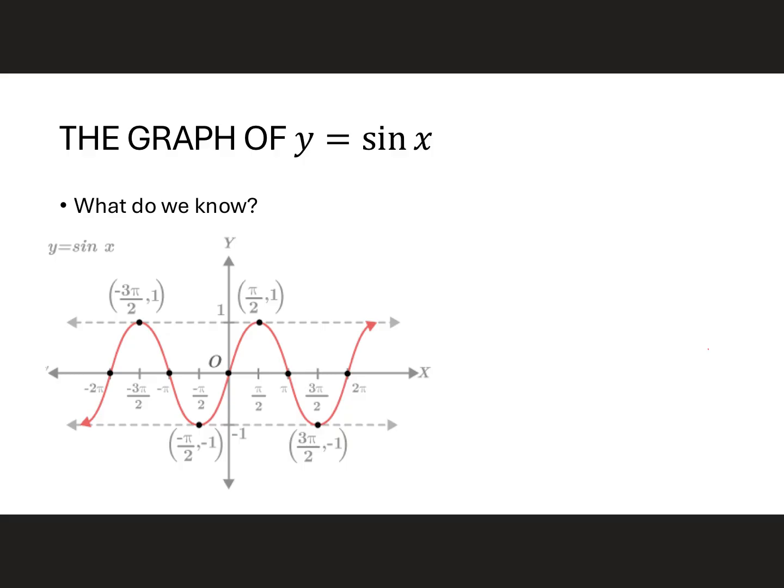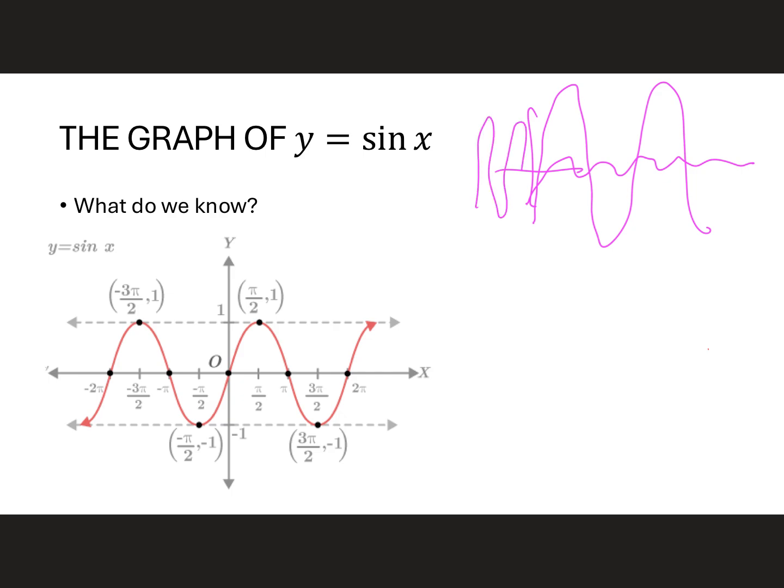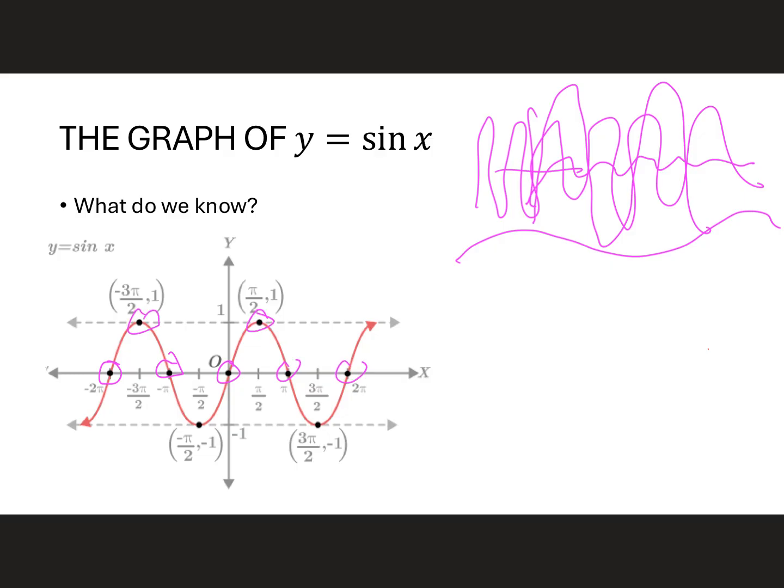So no matter what I do to this graph, if I take this graph and I make it taller, or I make it shorter, or I squeeze it together like an accordion so the bumps go up and down faster, or I spread it out so they go slower, what's going to happen is numbers are going to repeat themselves. Notice how we repeat our x-intercepts, right? Notice how we repeat maximum values and minimum values.